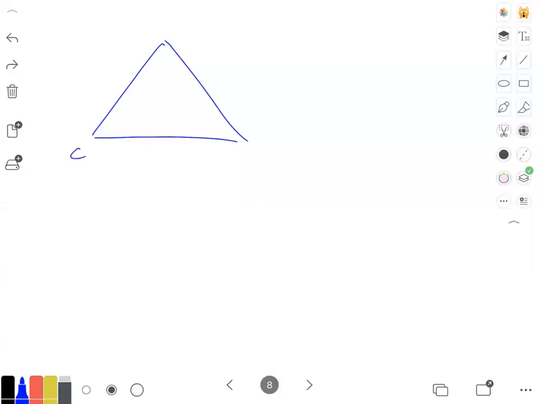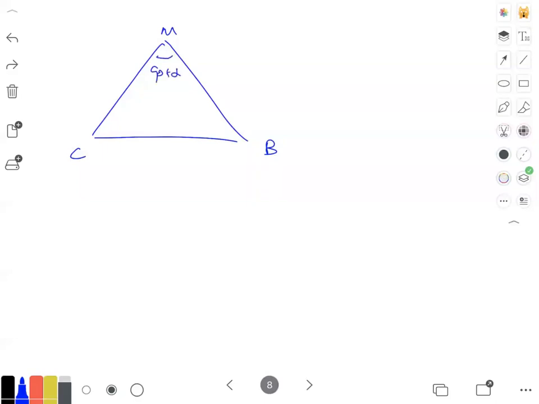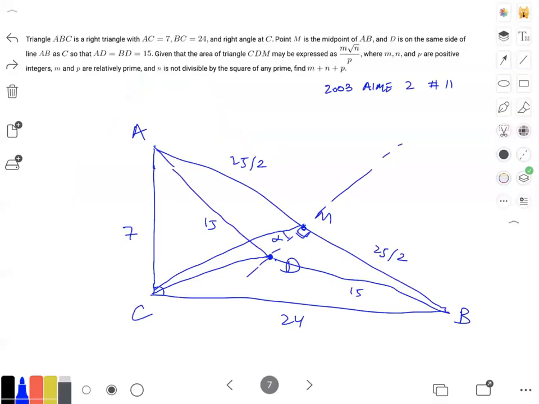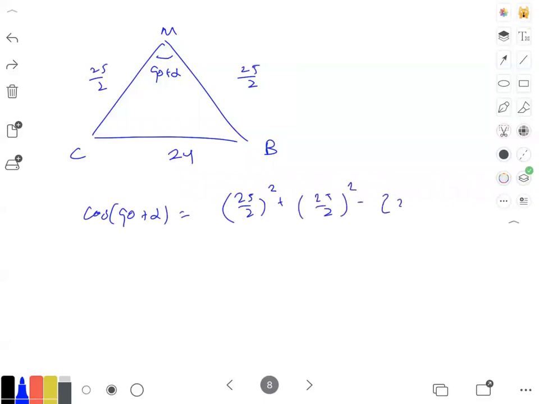So in triangle CMB, the angle is 90 plus alpha. CM is 25 over 2, MB is 25 over 2, CB is 24. So cosine of 90 plus alpha would be 25 over 2 squared plus 25 over 2 squared minus 24 squared, over 2 times 25 over 2 times 25 over 2.